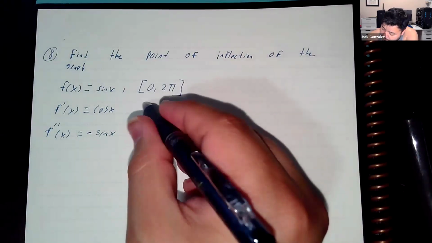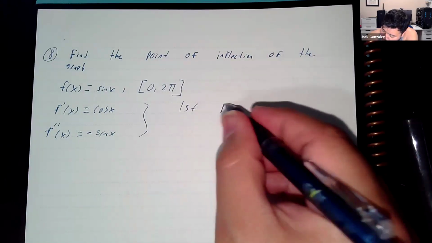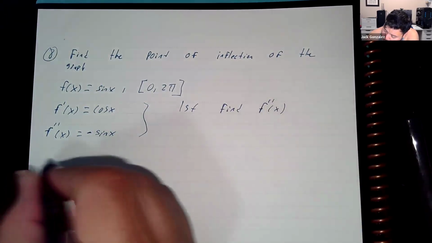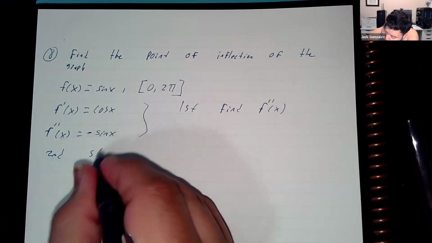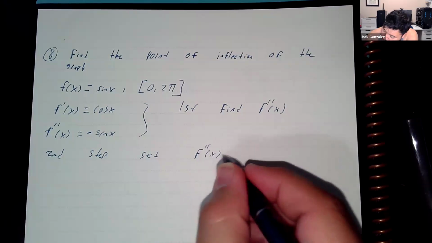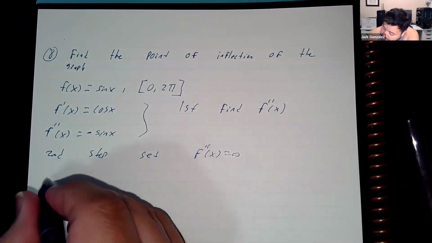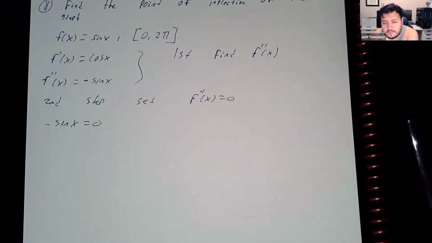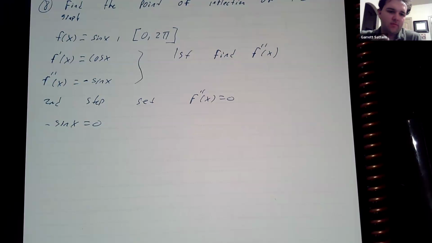So first step, second step. There we go. We get negative sine x equal to 0. When is sine equal to 0? If you remember your pre-cal, when does that happen? Is that one?